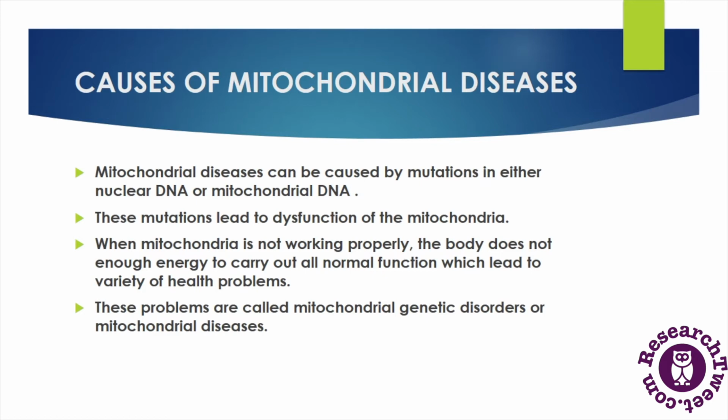When the mitochondria is not working properly, the body does not get enough energy to carry out all normal functions, which leads to a variety of health problems, because as we have discussed, mitochondria have the enzyme ATP synthase which synthesizes ATP, and we need energy to carry out all the normal functions of our cells as well as of our body, and this needs ATP. So when our mitochondria is not working properly, it doesn't produce enough ATP and it leads to health problems.